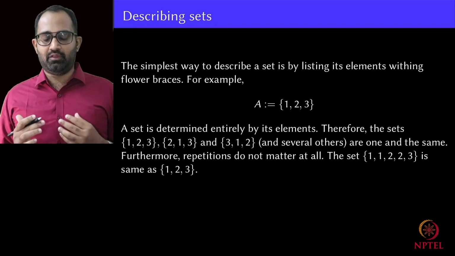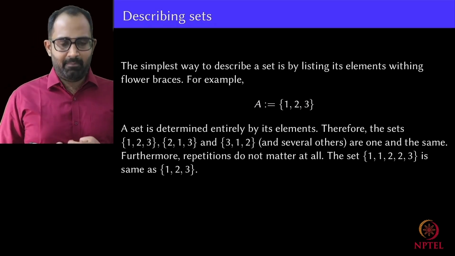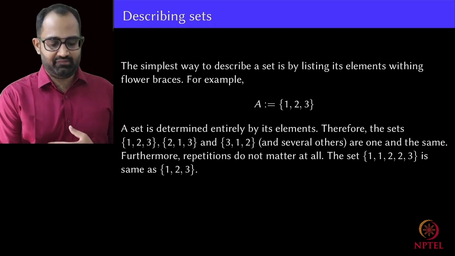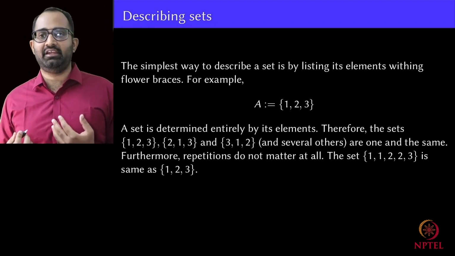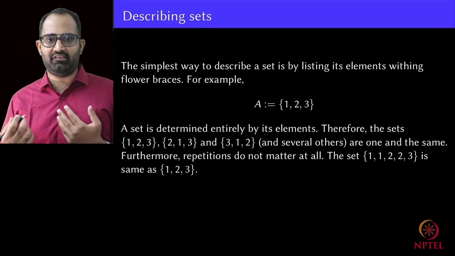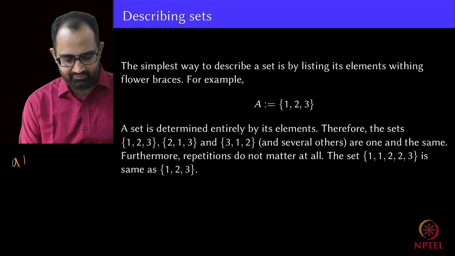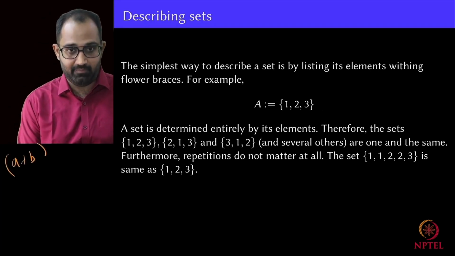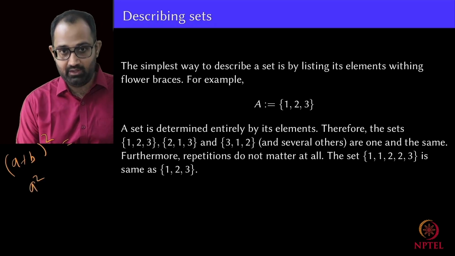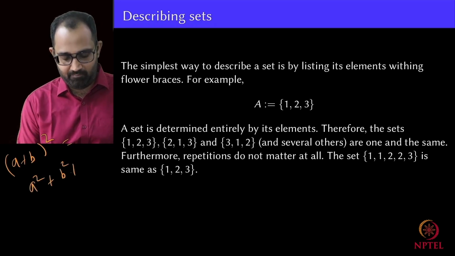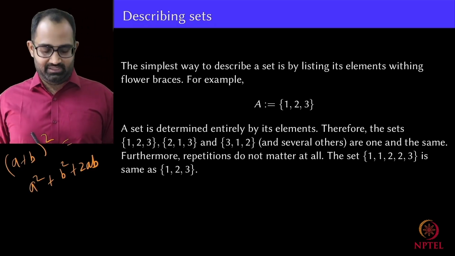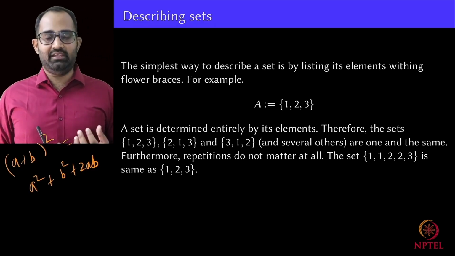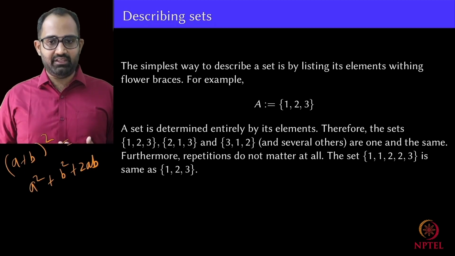Before we proceed with what is to follow, as a test of your understanding, you can revisit one of the famous identities you must have learnt in 7th or 8th standard, which says (a plus b) the whole squared is a squared plus b squared plus 2ab. I'm sure you know this identity. Is this identity a logical identity?